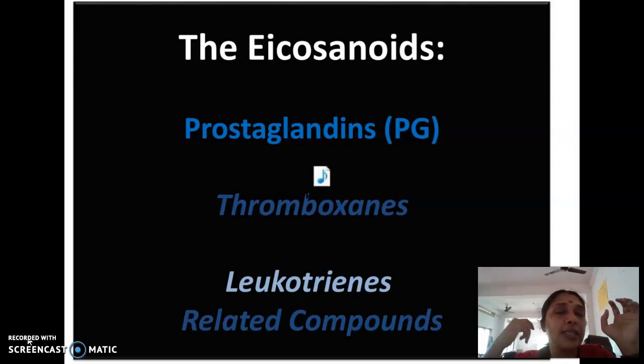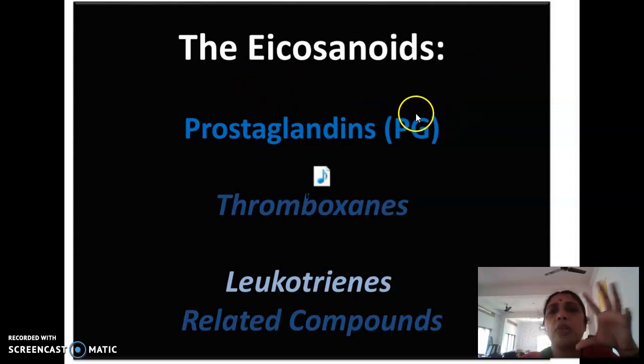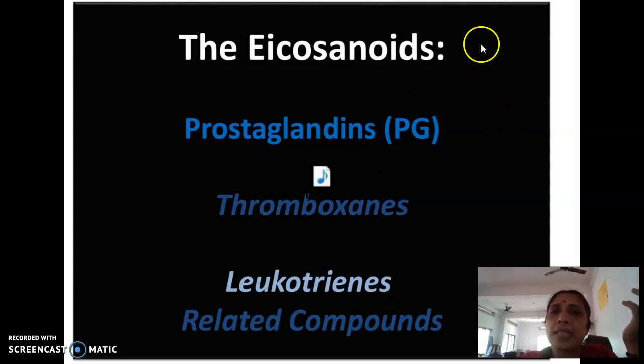Essential fatty acids, or polyunsaturated fatty acids belonging to the omega-3 and omega-6 category, are responsible for synthesizing the group of molecules known as eicosanoids. These eicosanoids have a very important role in the body. They are responsible for carrying out a lot of activities and for regulating various activities in the body. Hence, it is essential for the body to synthesize eicosanoids.